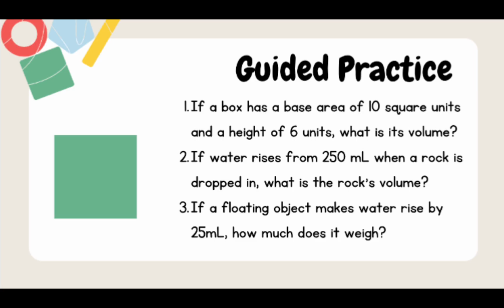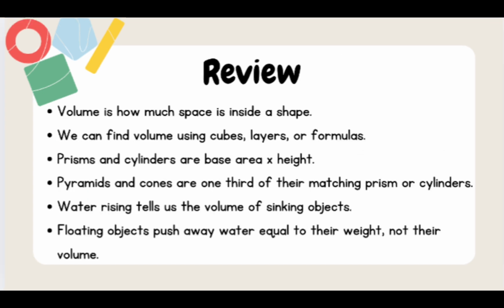To solve this, you would do 290 minus 250 to get a total of 40. Last, we have if a floating object makes water rise by 25 milliliters, how much does it weigh? The correct answer is 25 grams.